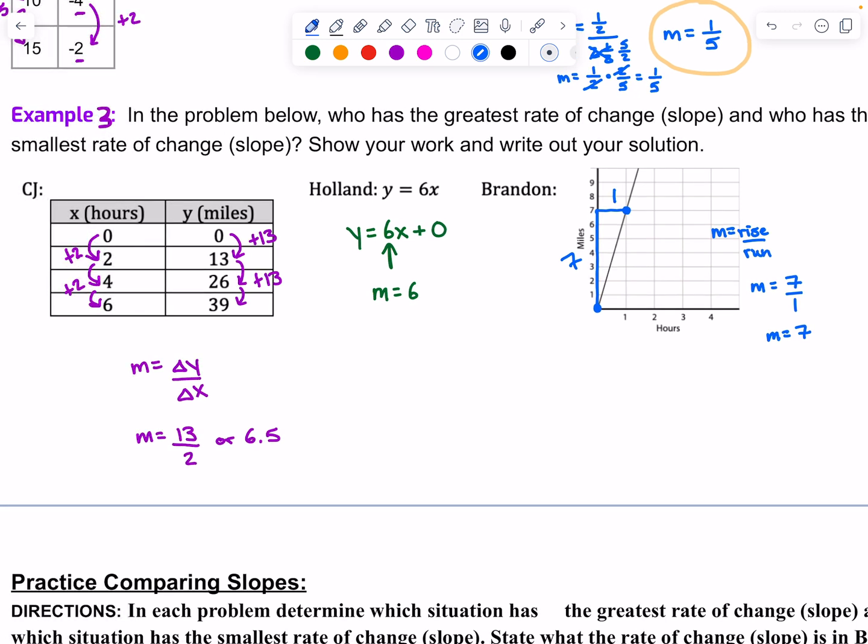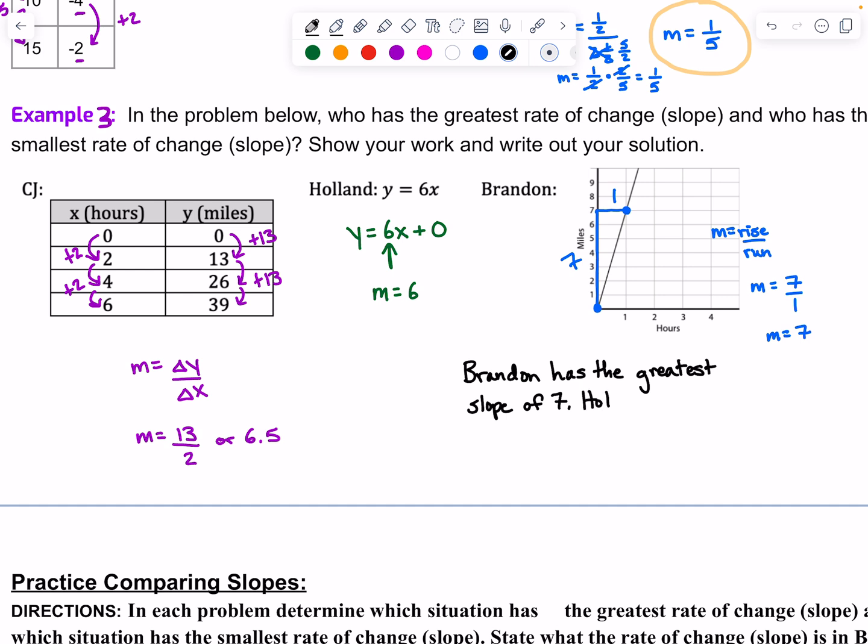So that was Brandon. So let's write our thoughts here. Brandon has the greatest slope of 7. And then who has the smallest rate of change? So that ended up being Holland.